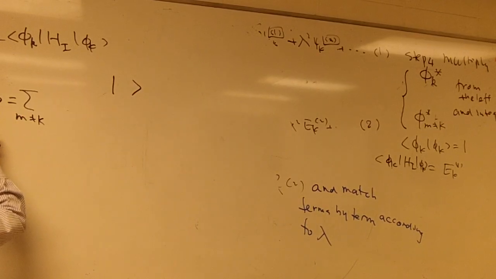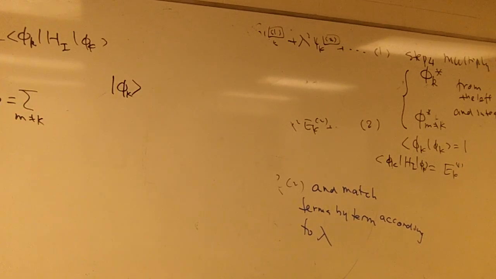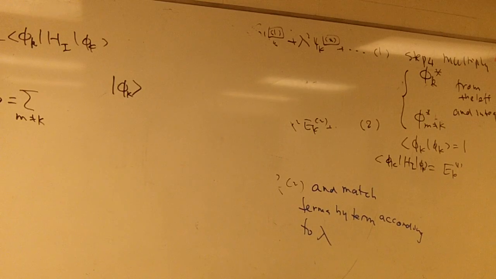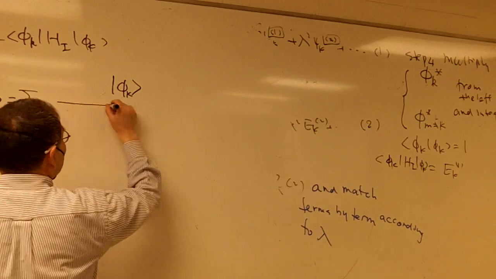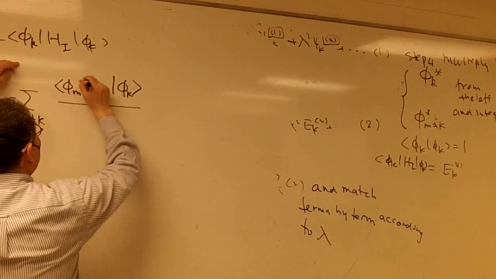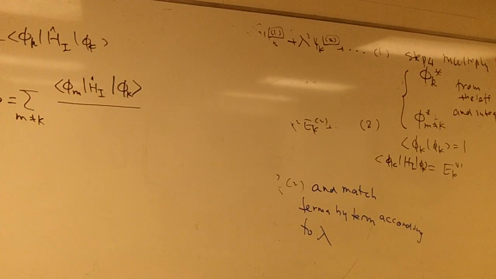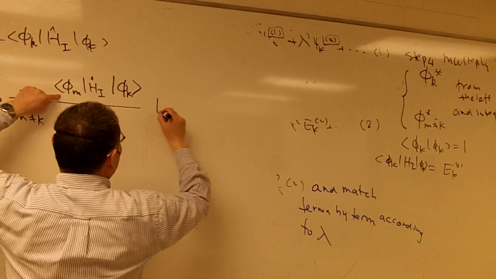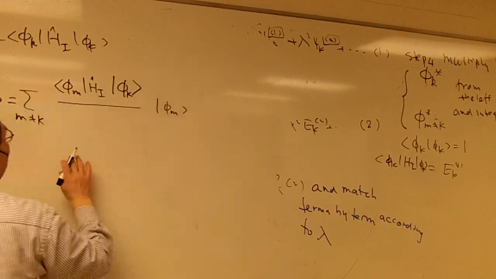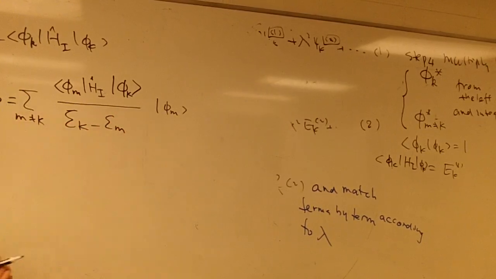This is the state k, so here you write phi k. It's exactly the same. Then all you need to do is make another bracket, phi sub m, H I, the perturbation Hamiltonian. When you insert this, you have another one in the following. And the denominator will be epsilon k minus epsilon m. So the way that I remember this, I think I wrote down in my slides.